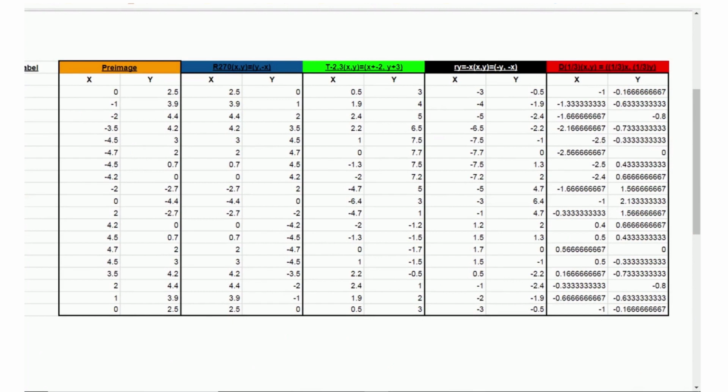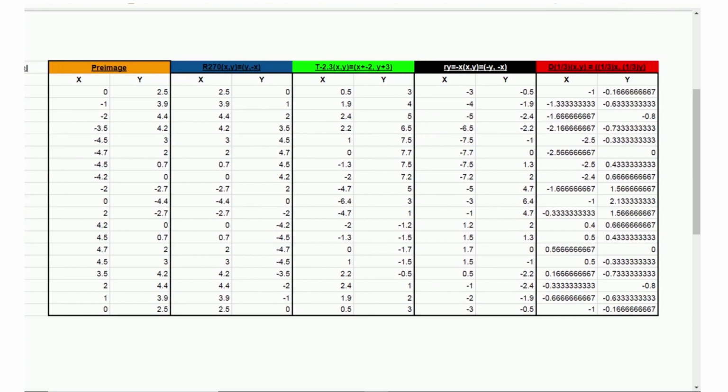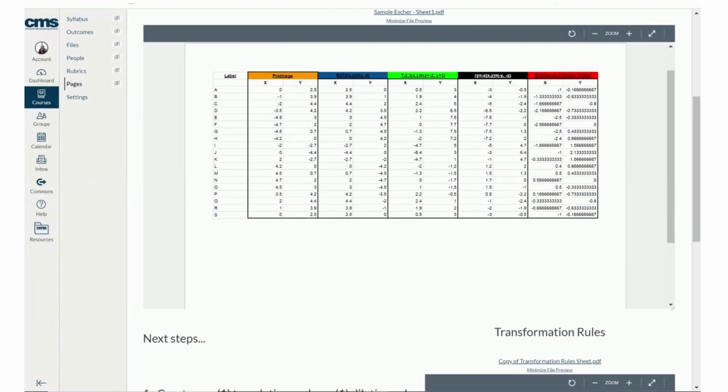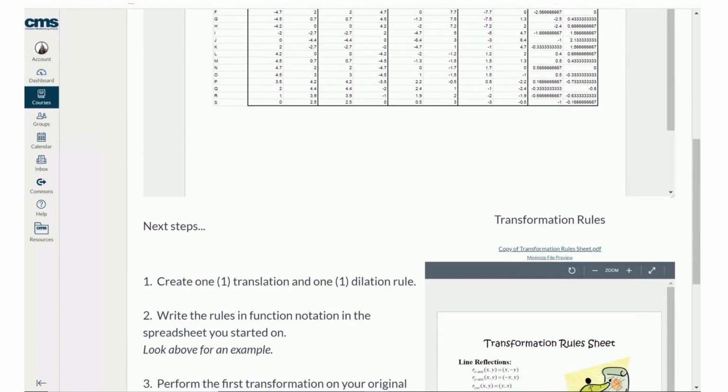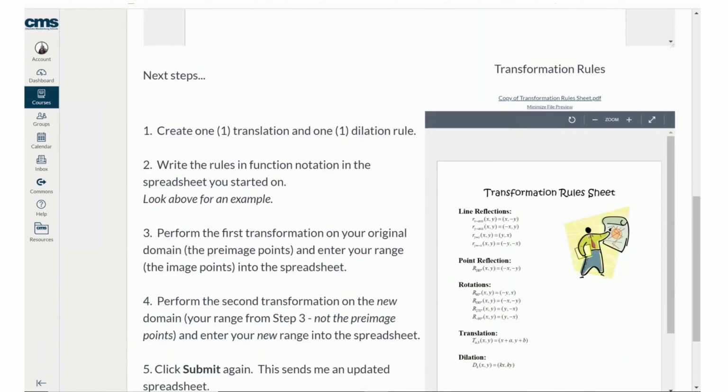Our translation and dilation will be in the first 2 columns, all right? So today I am going to show you how to write a translation rule, and I'm going to show you how to write a dilation rule, and then we're going to put the points in the spreadsheet and do the math on them. So the math will be done in a different video. We're just going to get the points done at least first.